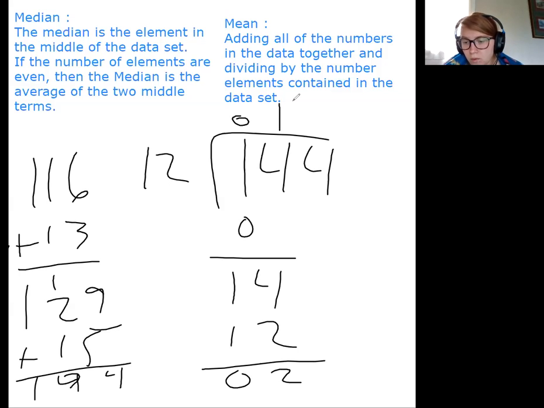Bring down the 4. 12 goes into 24 2 times. 12 times 2 is 24. 24 minus 24 is 0. So there's no remainder. So our mean for number 5 should be 12.